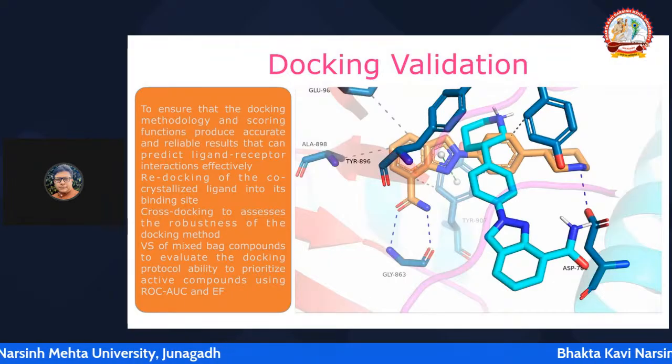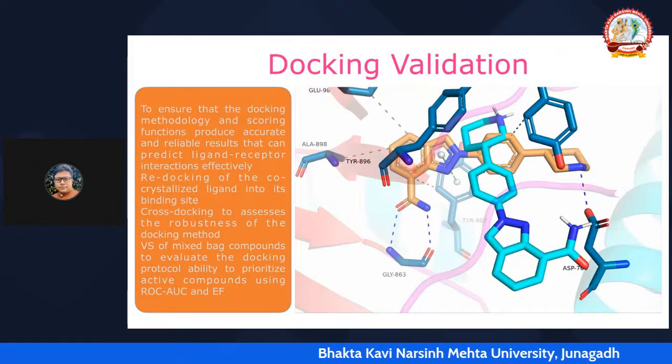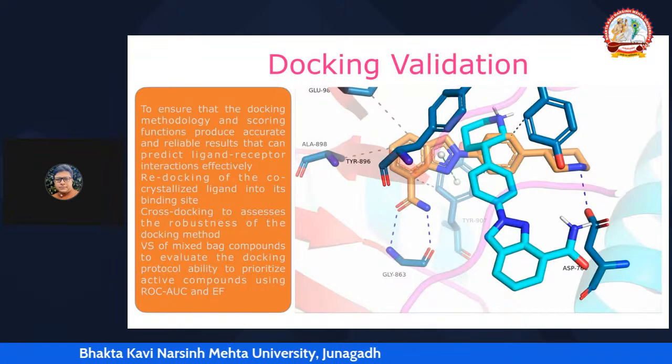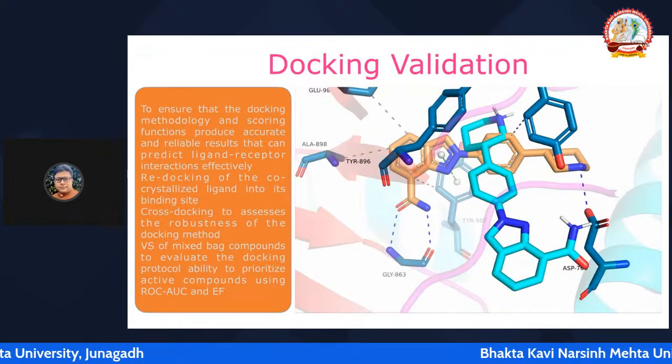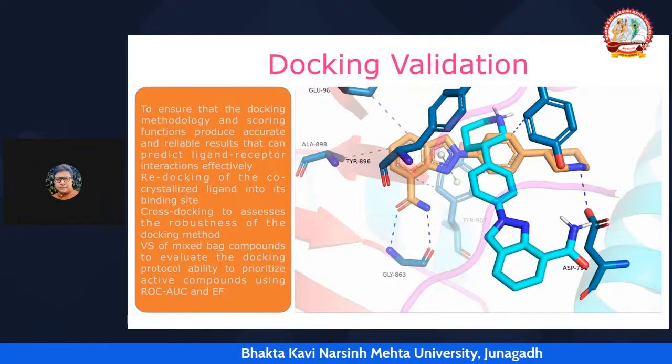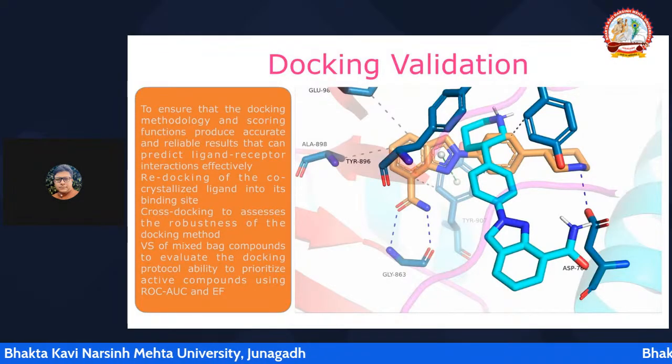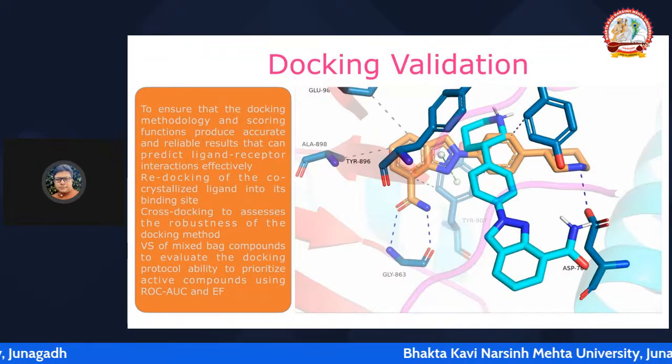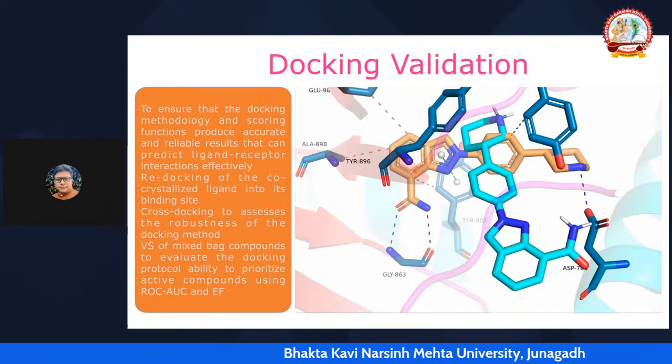You can see here two structures, one in lavender and one in rust color. The cyan color happens to be the amino acid. Now we check whether the rust color and the cyan color both bind to the receptor pocket. So this helps us to validate the procedure.